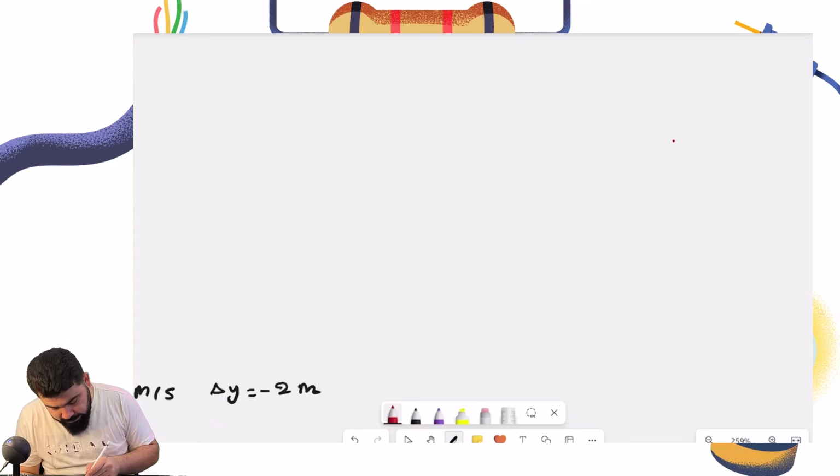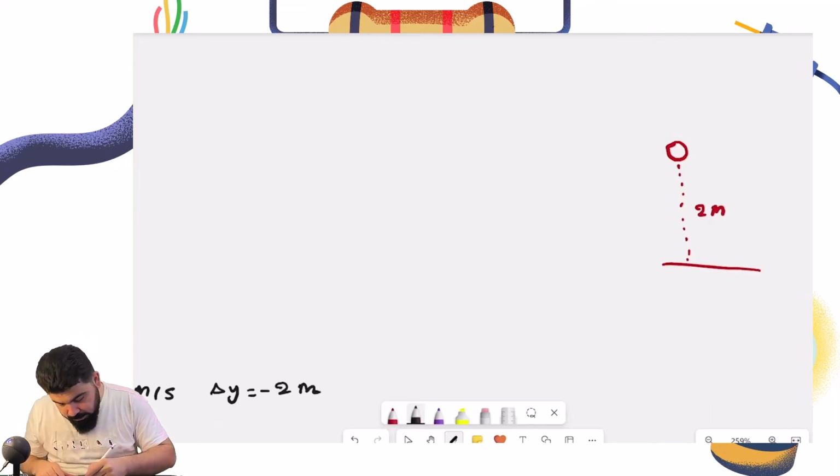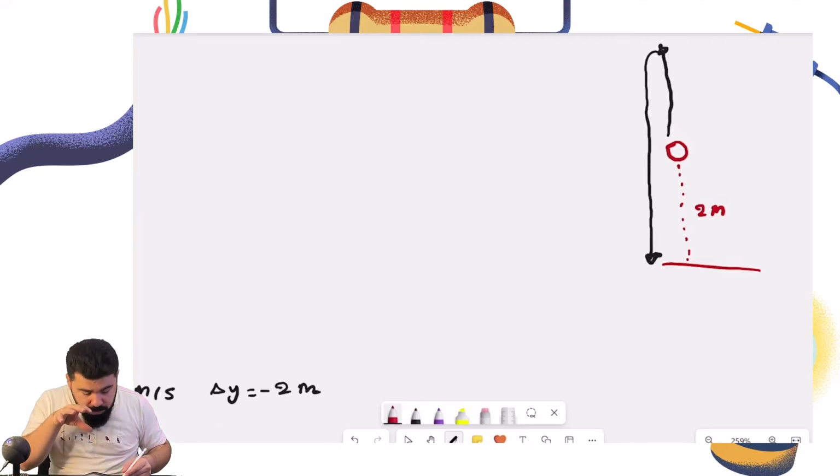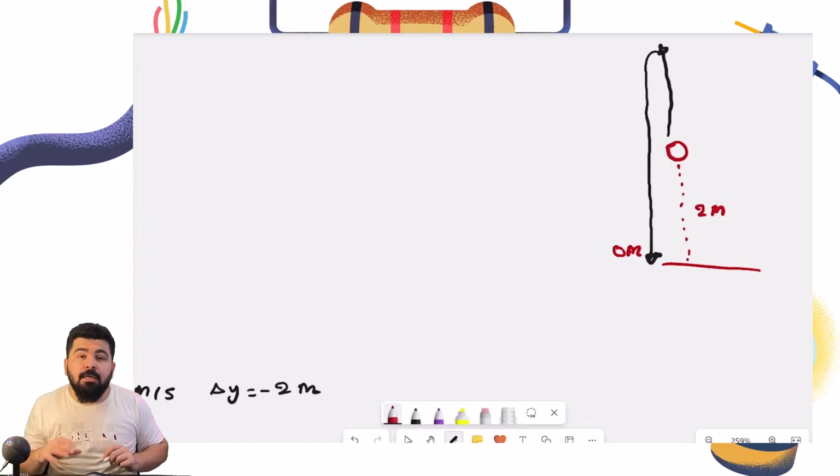The ball is 2 meters above the ground. This is going to move into the air and then fall back. When it lands on the ground, y is equal to 0 meters.